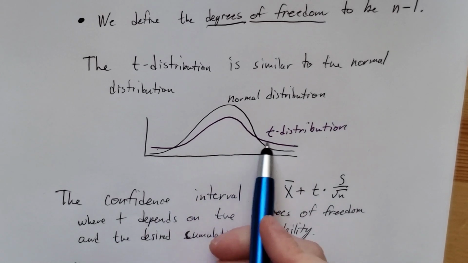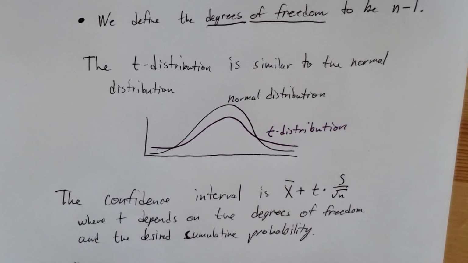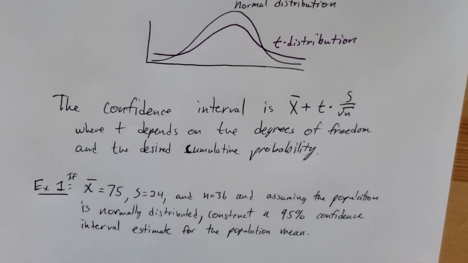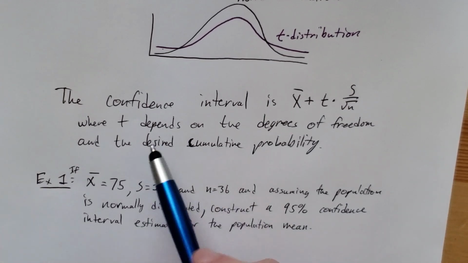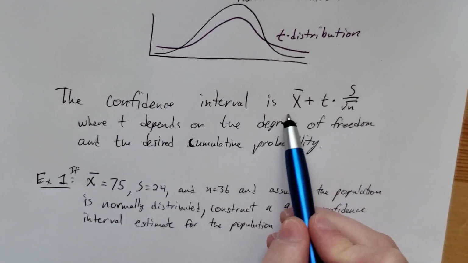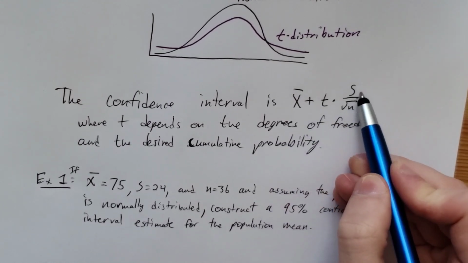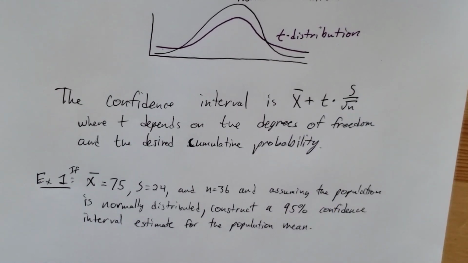Since it has a similar shape, we're going to do the problem in a similar way to what we did previously when our population standard deviation was known. Before, we had the confidence interval formula with a z-value and the population standard deviation.